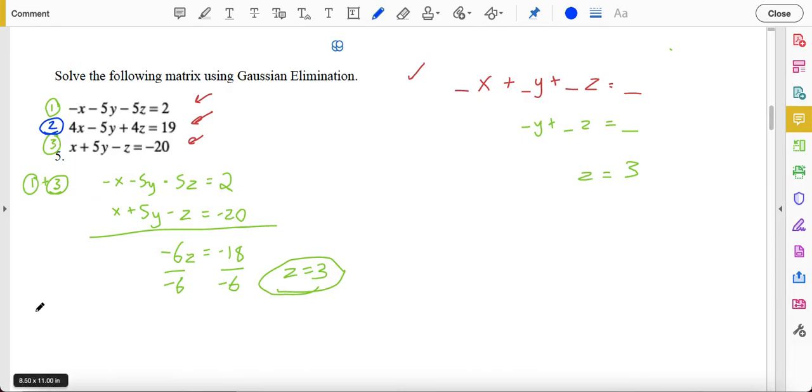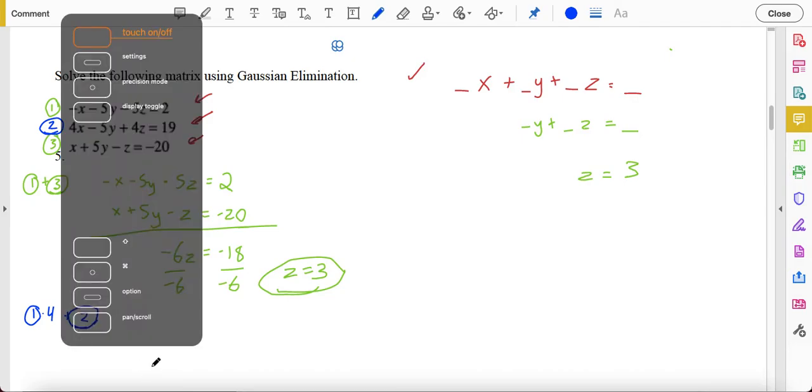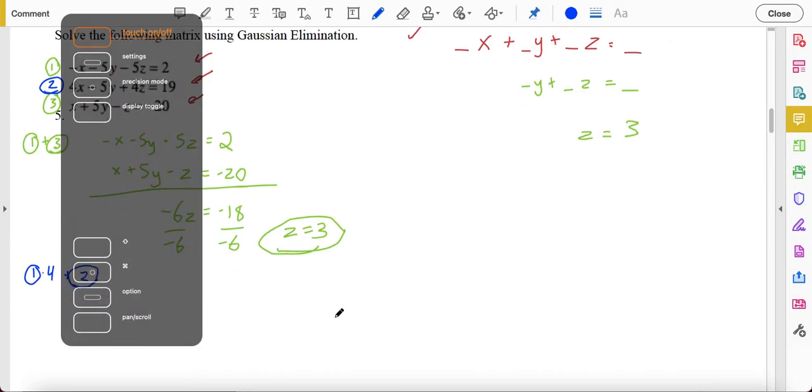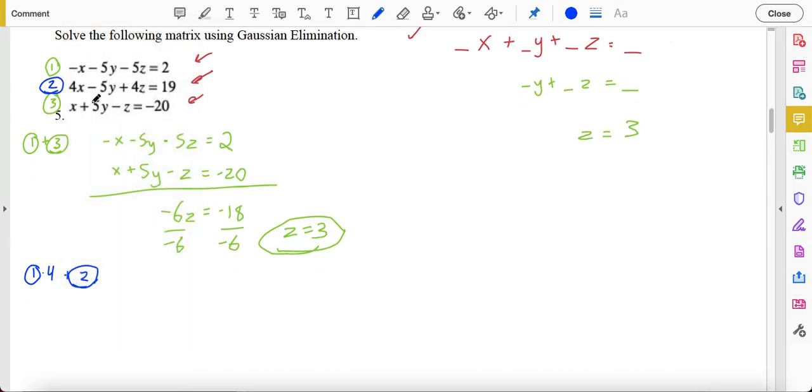So first we need to do equation 1 times 4. So equation 1 times 4 is negative 4x minus 20y minus 20z equals 8. That's equation 1 times 4.